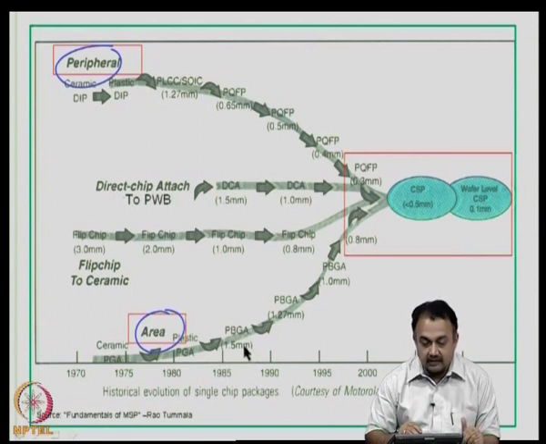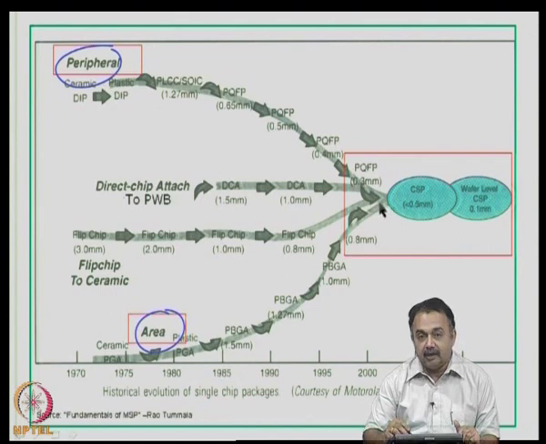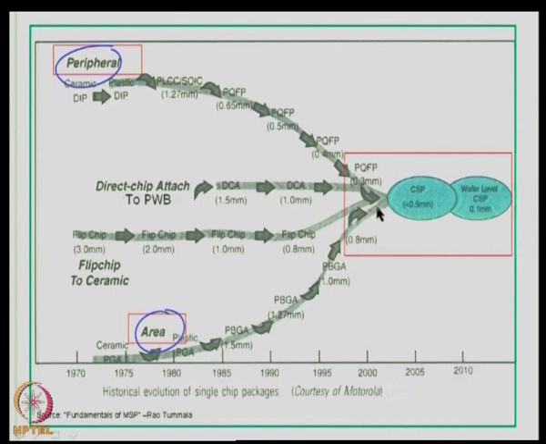The only thing is, in BGAs the pins are replaced by solder balls. So, in BGA, for example, initially during 80 to 90 we have worked with 1.5 mm pitch ball grid arrays. Then 1.27 mm became a good standard plastic ball grid array, 1 mm, 0.8 mm, and today we are working at 0.65 mm ball grid arrays.